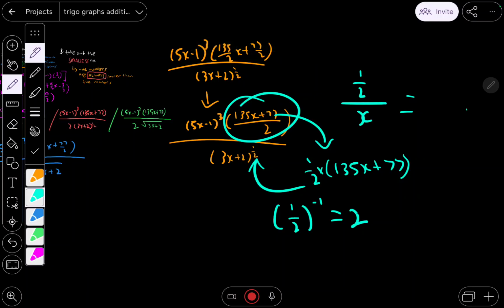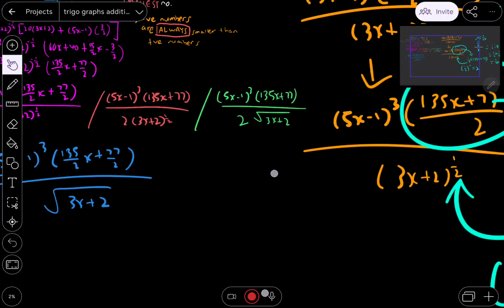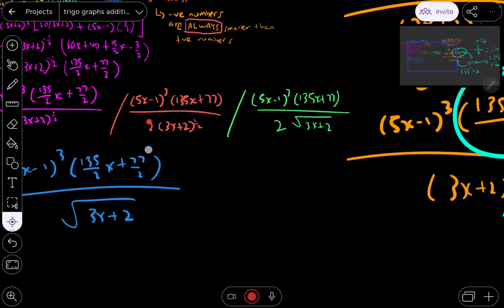Half over x, right? It's the same as half divided by x. This is the same as half times 1 over x. 1 over 2x. Can I say that this is 1 over 2x? Can, right? The 2 I just bring it down only. My number here is still the same, right? So that's why I write a 2 here.